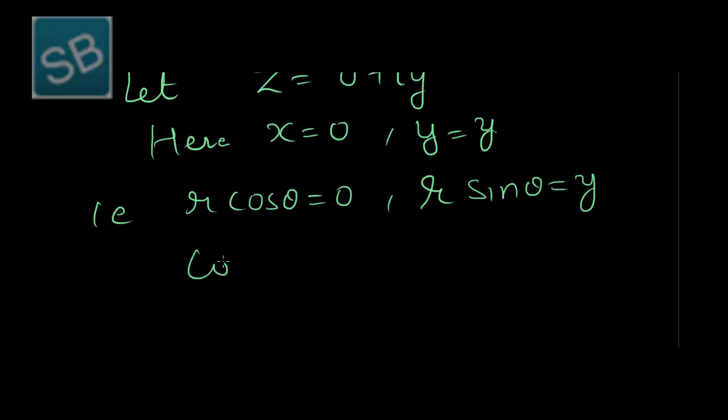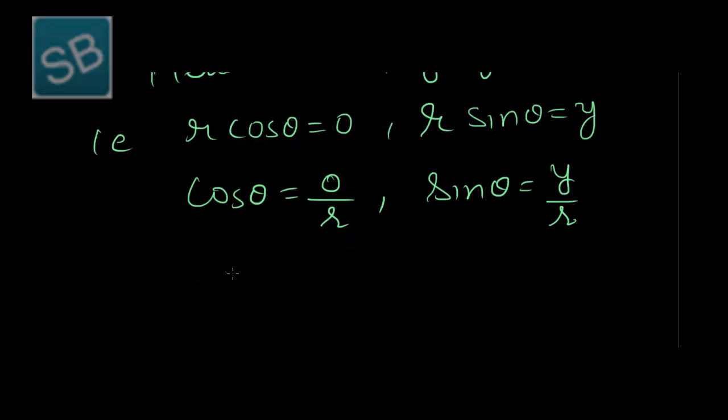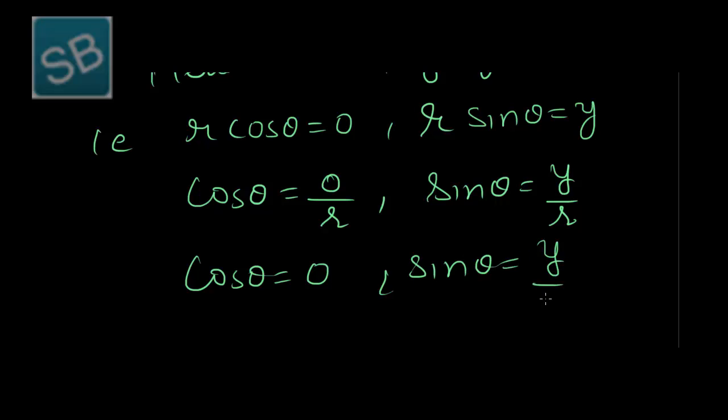So cos theta is equal to 0 over r and sin theta is equal to y over r. So here we get cos theta is equal to 0 and sin theta is equal to y over r.